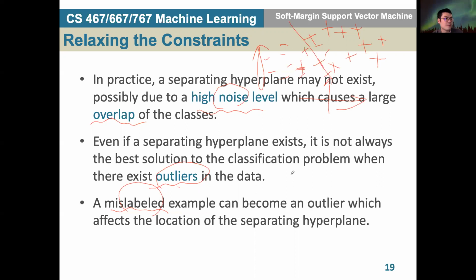Both noise and mislabeling will cause your data to be inseparable. Say originally your data is separable, and suddenly someone mislabeled it for you, then the whole thing doesn't work. This is not good. We want a more robust classifier.